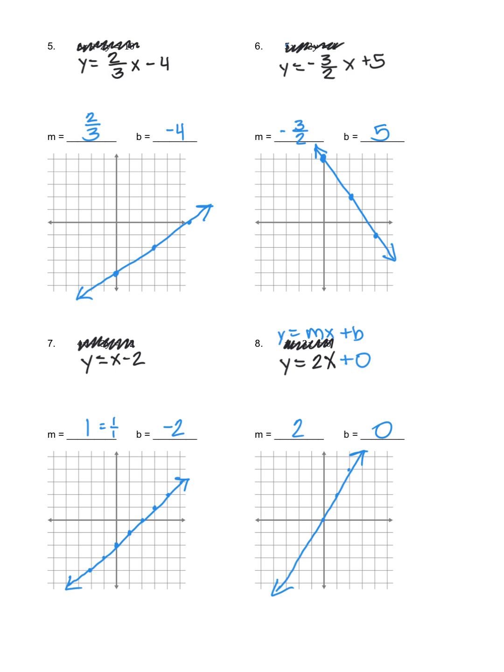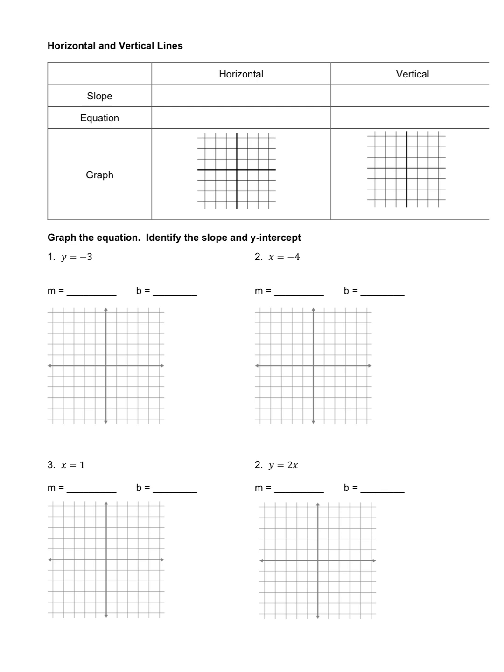Go ahead. Okay. Now we have horizontal and vertical lines. So let's go ahead and look at this. We're going to kind of work our way up. So we have a graph here. Let's graph this horizontal line right here.